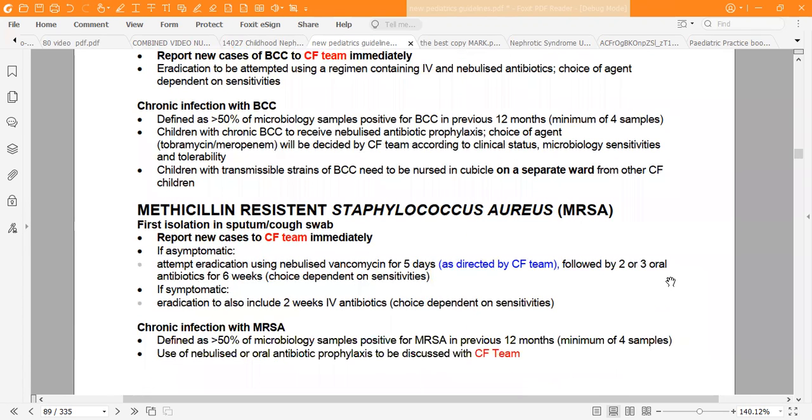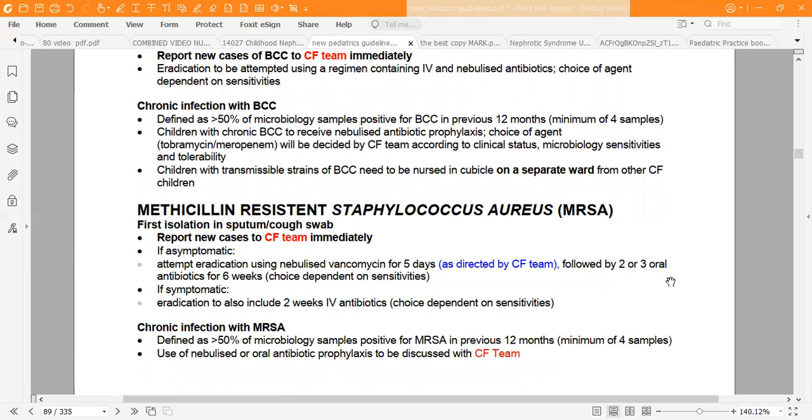We have MRSA as well, patients who are colonized with methicillin-resistant Staphylococcus aureus. The first isolation we have to report to the CF team immediately.